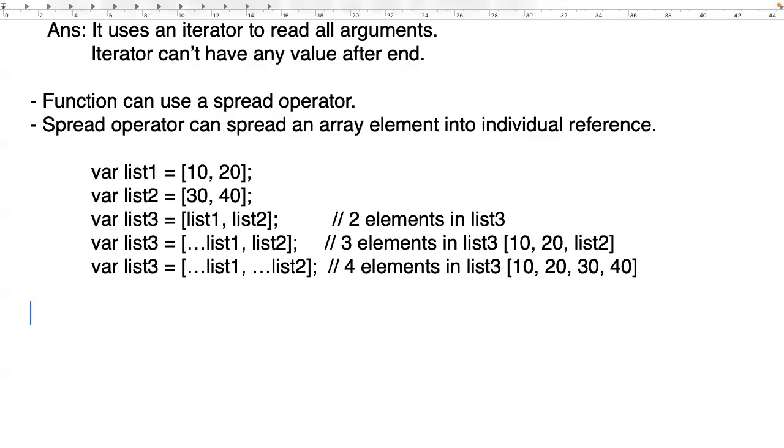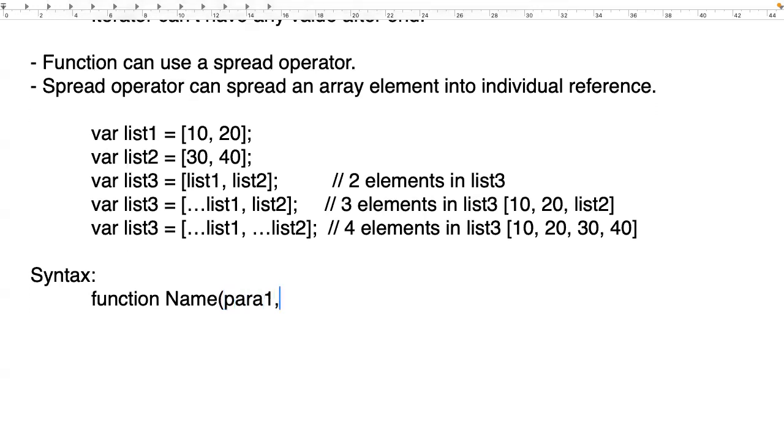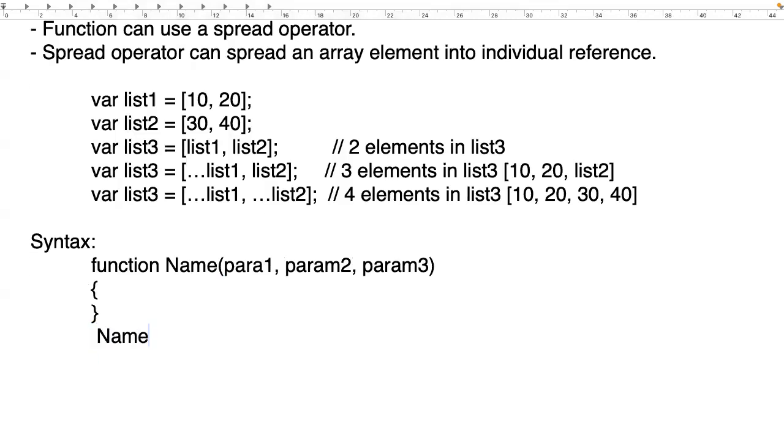This is what we use in functions. Function has a name. We have parameter 1, parameter 2, parameter 3. You can have multiple parameters. But into the function name, we are passing, suppose, an array with value 1, value 2, and value 3. If we pass like this, then what happens? Parameter 1 will contain value 1, value 2, and value 3.